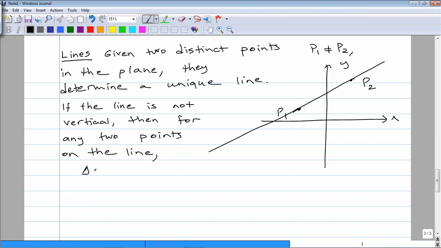the change in y divided by the change in x is constant. This constant is called the slope of the line.